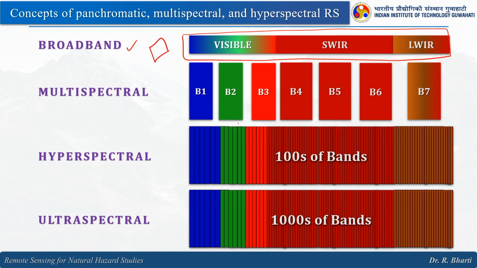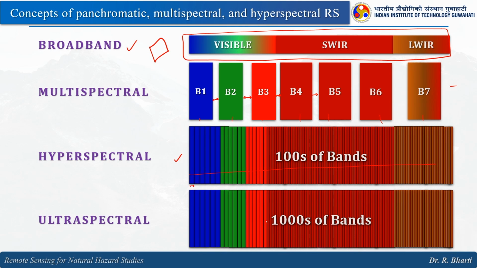When we talk about multispectral, we have several bands or images generated in this wavelength range, but in between we can have some gaps where there is no measurement, right. When we talk about hyperspectral, the bandwidth is narrow and the measurement is contiguous, so there is no gap in between.